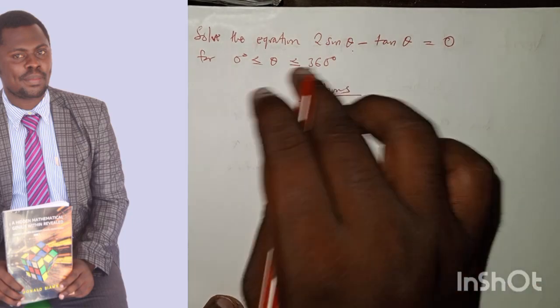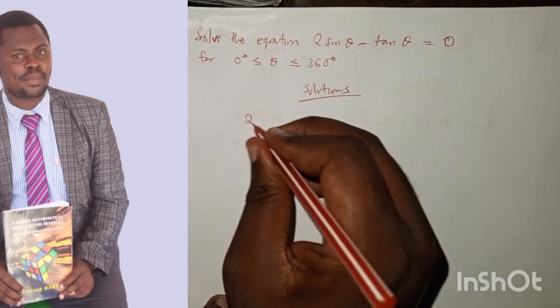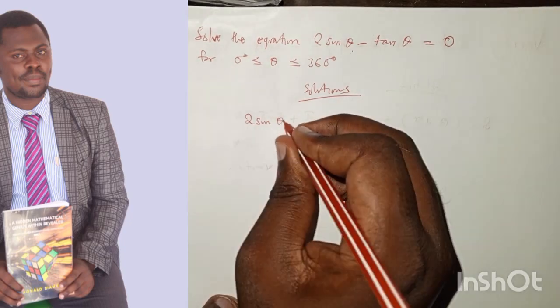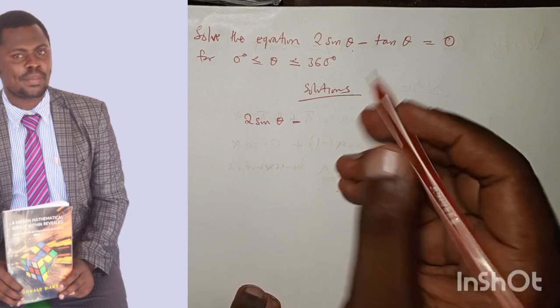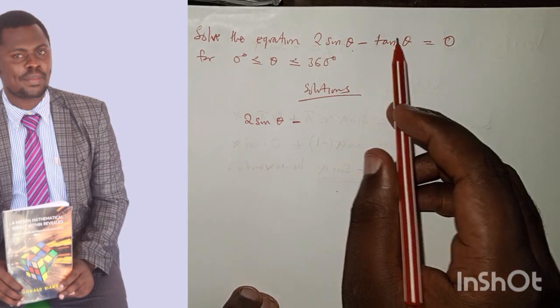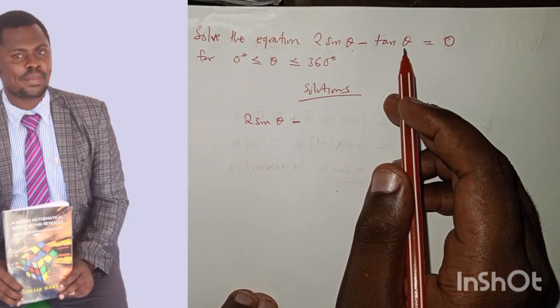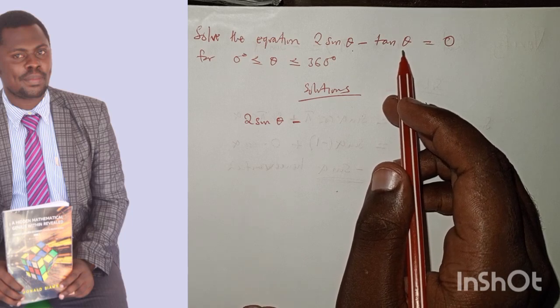Okay, so let's start. We have 2 sine theta minus tan theta. Where there is tan theta, we can substitute with sine theta over cos theta.